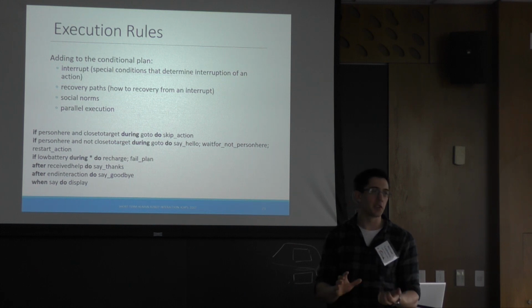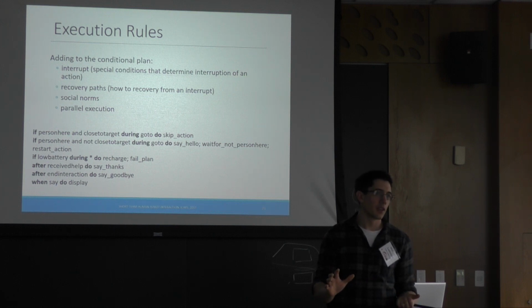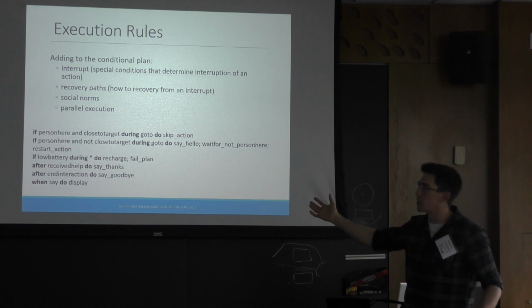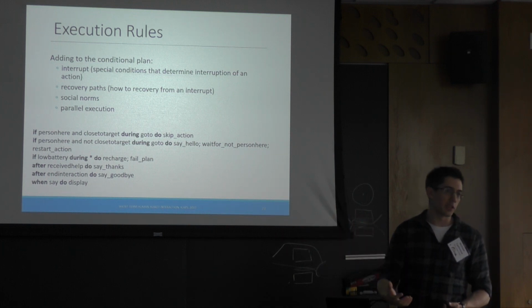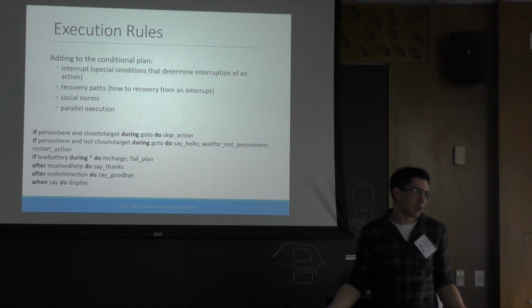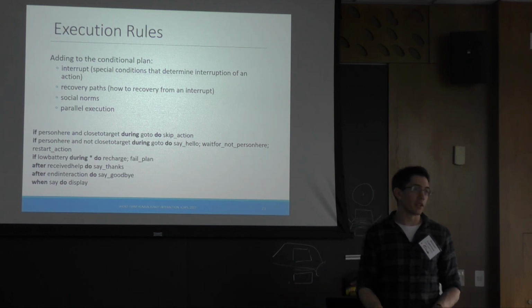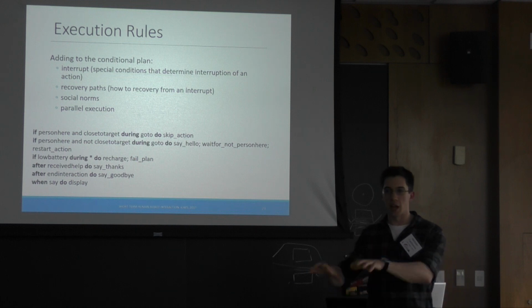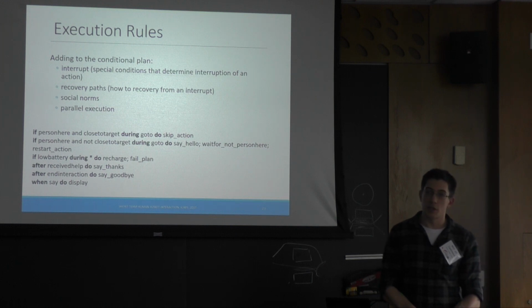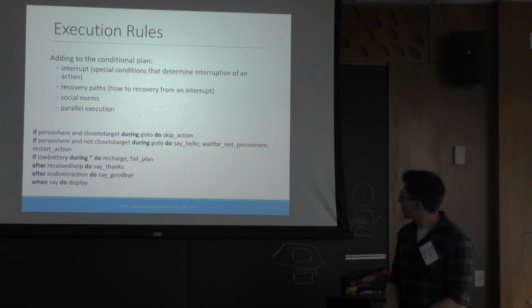If you don't have an execution rule, for example, for the person not being here when you've said hello and you're still waiting for a response, then the robot will just wait. Similarly, if you haven't hand-coded a recovery procedure, the robot would just wait. You could easily have a catch-all procedure, right? A timeout or something. It's easy to get out of. Yeah.